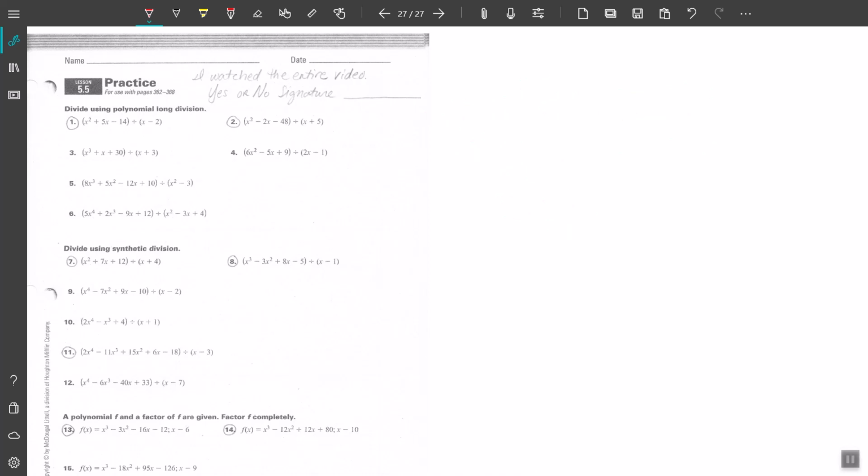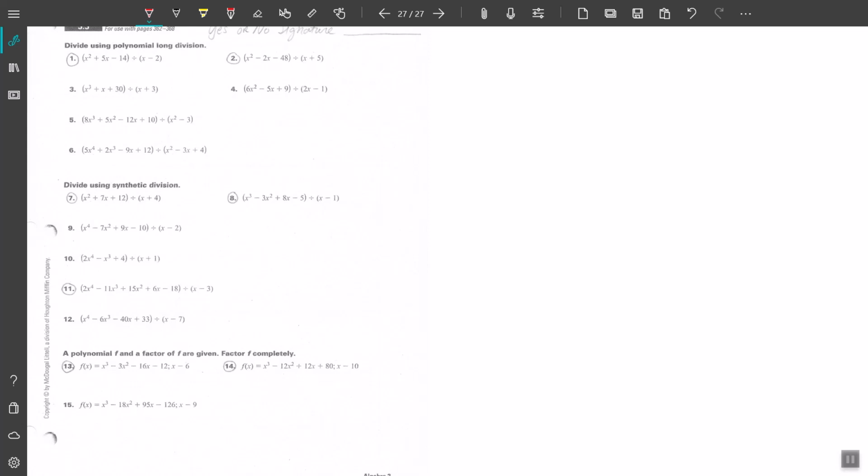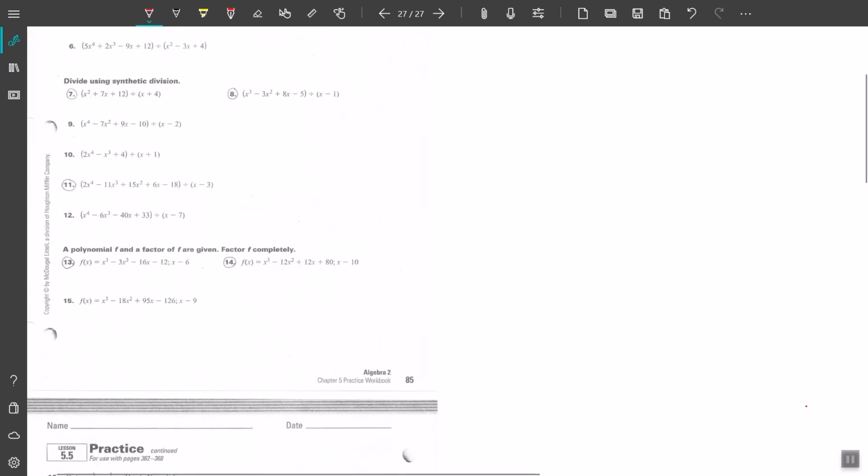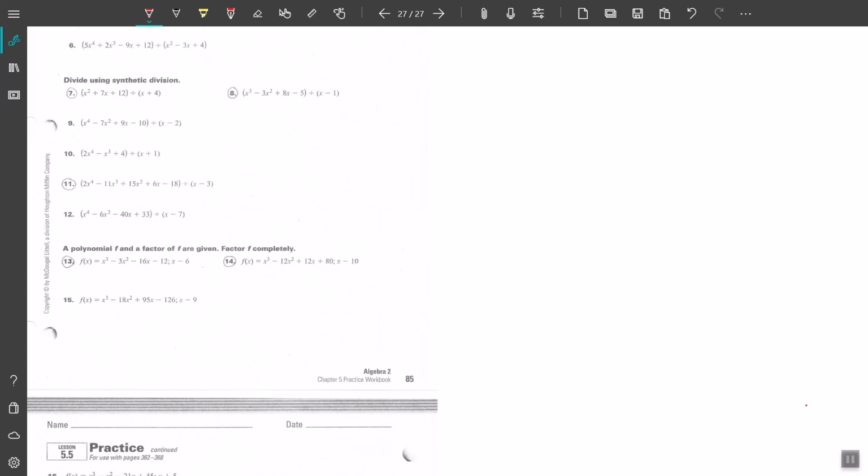Now we can do the same thing using synthetic division instead of long division. A few sections back we learned how to do synthetic substitution. And so we're going to apply that concept here to number 7, where they ask us to divide again, but this time we're going to use synthetic division.